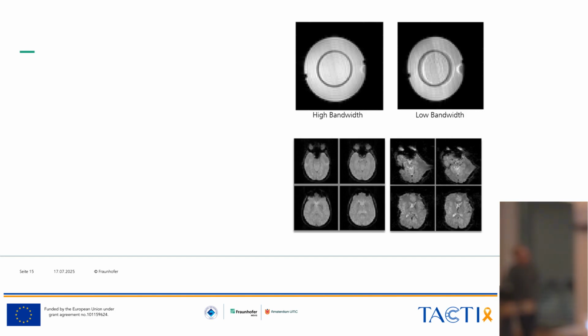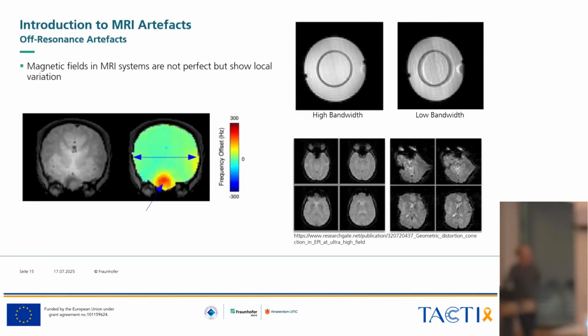So basically that's called geometric distortion. I also mentioned that before for this abdominal image which we saw. This is quite typical for all kinds of EPI-based sequences, and that's also the case for something like 2D GRASE or 3D GRASE, which you usually use for arterial spin labeling measurements. And the basic reason is, in principle, that your main magnetic field during MRI examinations is not constant.